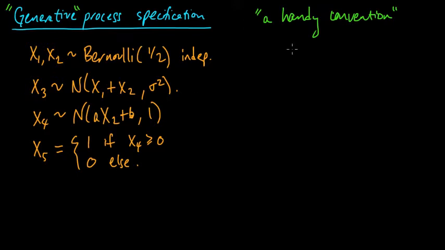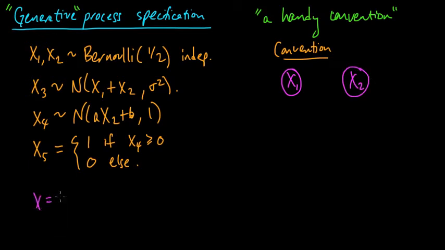And the convention is the following. When you say this, you mean that the joint distribution, like if x is the vector of all these, that x, that's a funny looking x, respects the following graph.